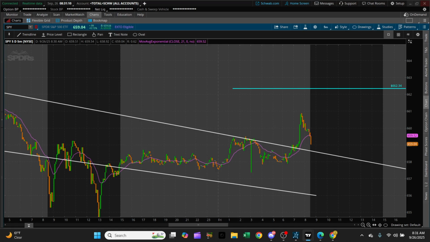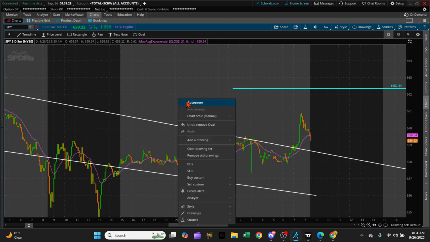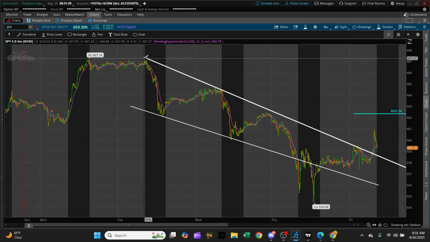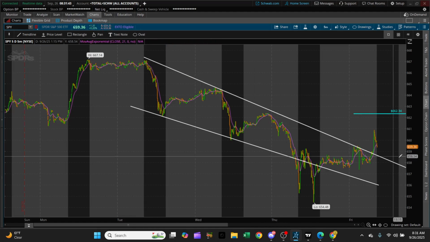It's coming out the gate pretty solid to start. The falling wedge pattern would have started at the top of September 23rd, taking that trend line right around the 830 mark, the very top.